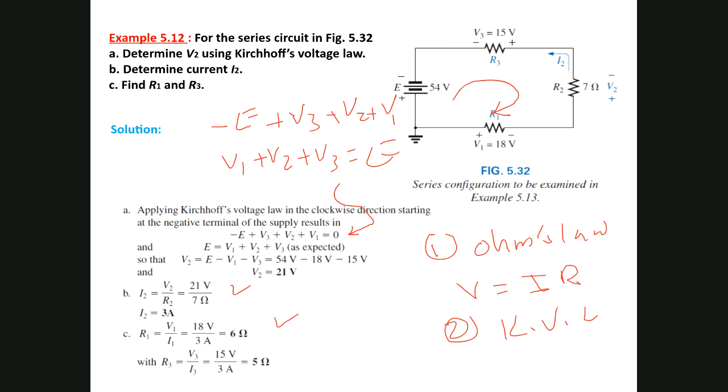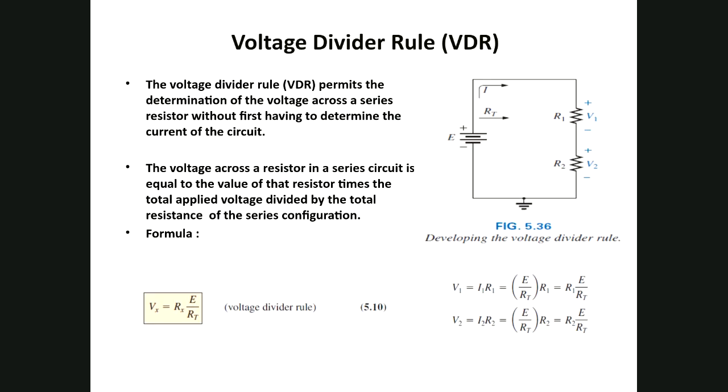I now have a third method to find the voltage, called the voltage divider rule. What is the voltage divider rule? This is another method to find the voltage across a resistor by applying this formula. For example, you need to find the voltage drop here. All you need is to multiply this resistor R1 times the supply over the total resistance.